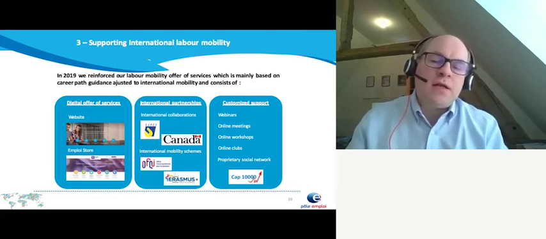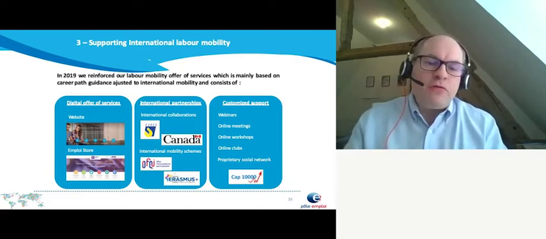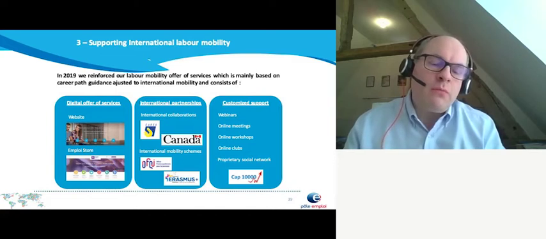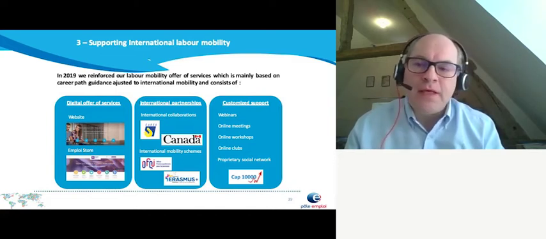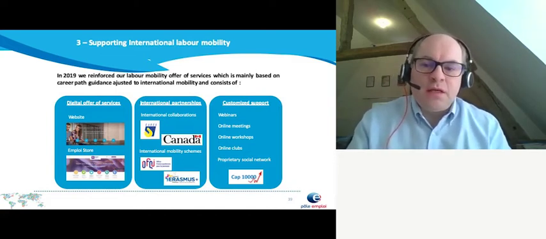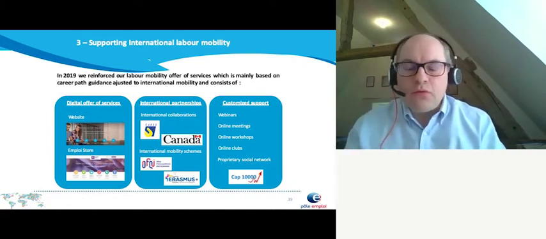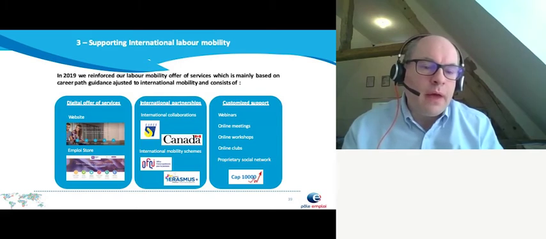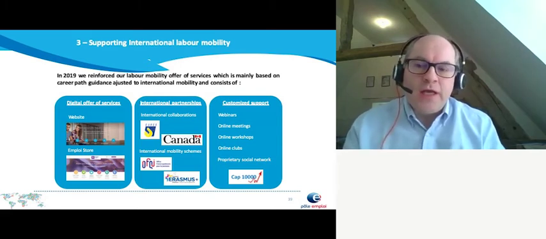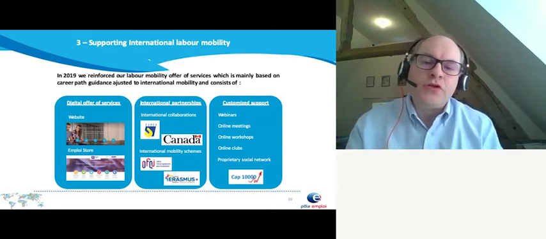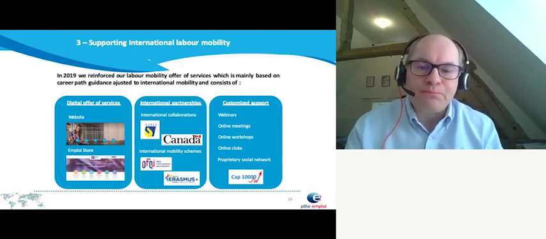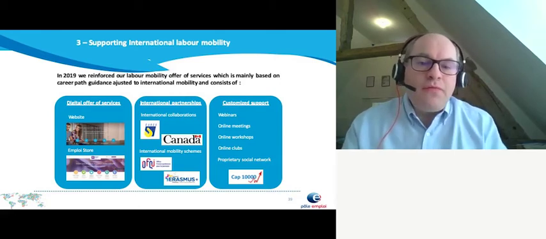The second very important facet of our digital offer of services is our employment store. This is a platform which brings together lots of different apps, and the idea is to help our job seekers to accomplish their research and also to really equip themselves with the right tools that they need to ensure that they're able to go abroad.